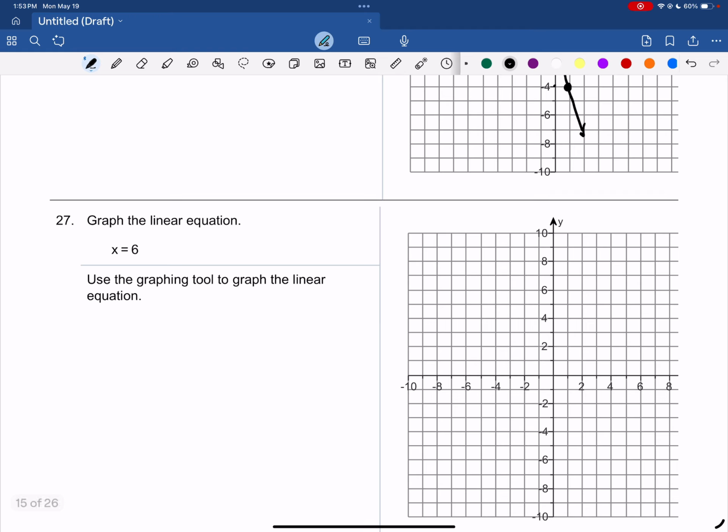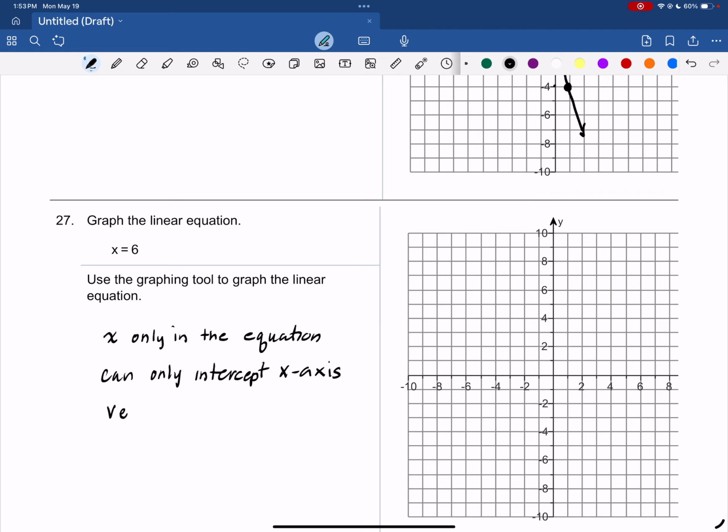Now here we have to recognize something that we know. When there is x only in the equation, the line can only intercept the x-axis. That line is not going to be allowed to touch y ever.